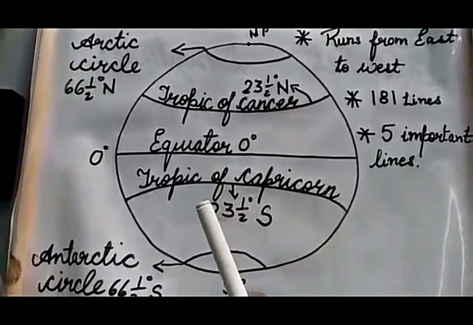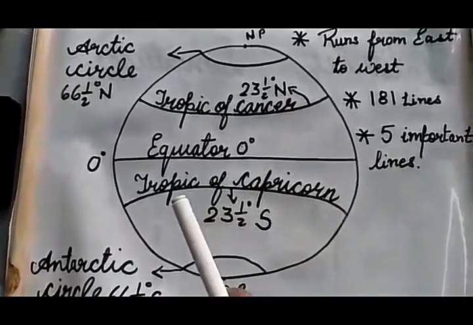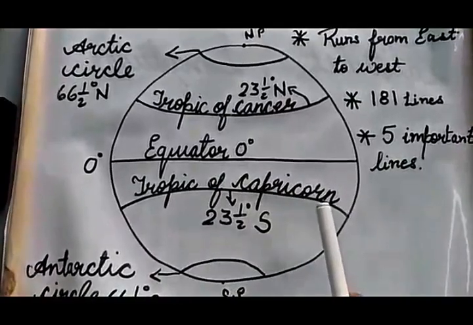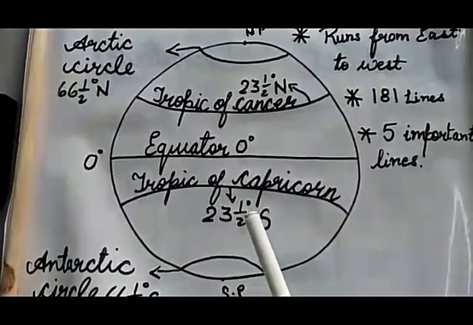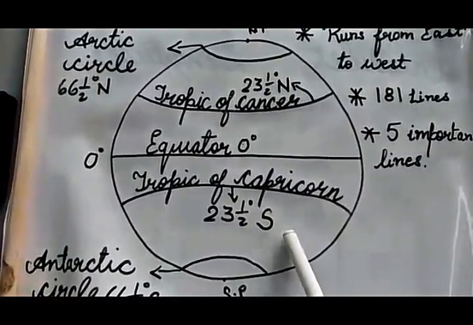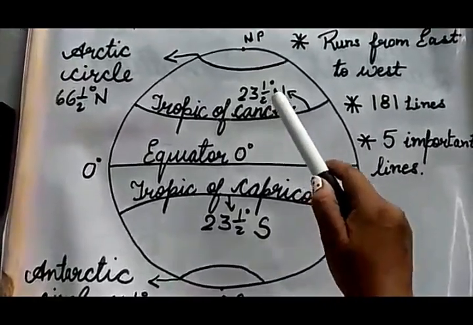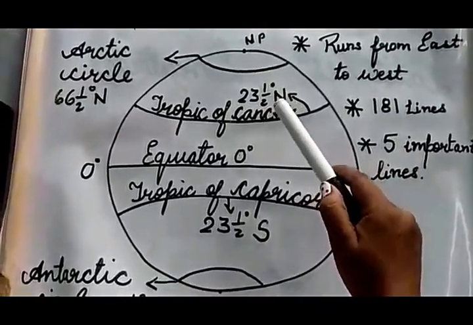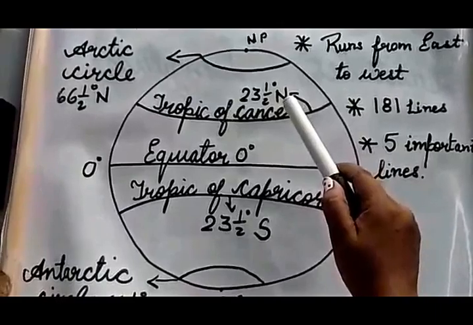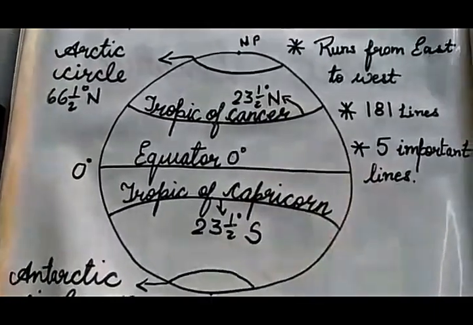India lies on the line of the Tropic of Cancer. The third important line is the Tropic of Capricorn, which is denoted as 23.5 degrees south, as it is in the southern hemisphere, and the Tropic of Cancer is denoted as north because it is in the northern hemisphere.